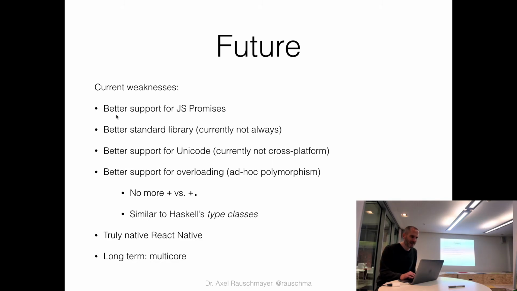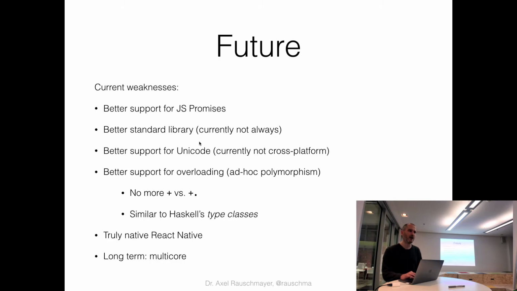So current weakness is, well, it's not that big a weakness, but it will still be improved. There will be better support for JavaScript promises and asynchronous programming. The JavaScript library is currently a work in progress.